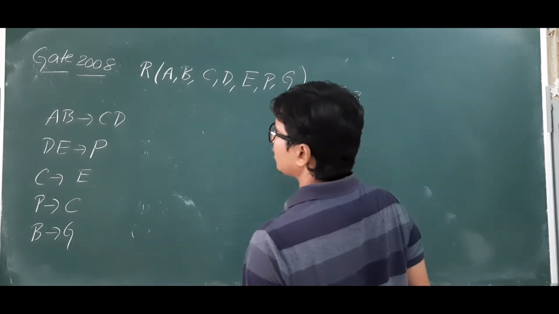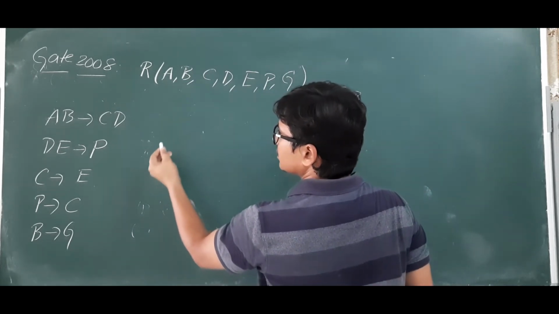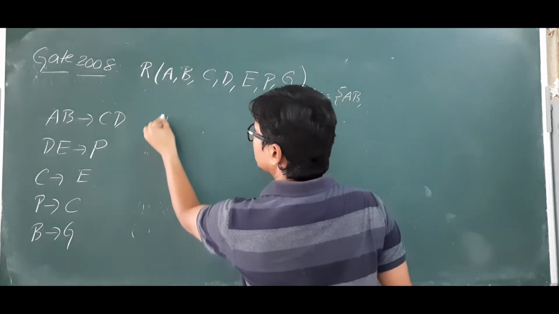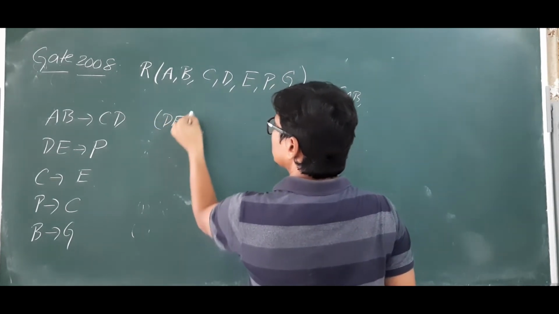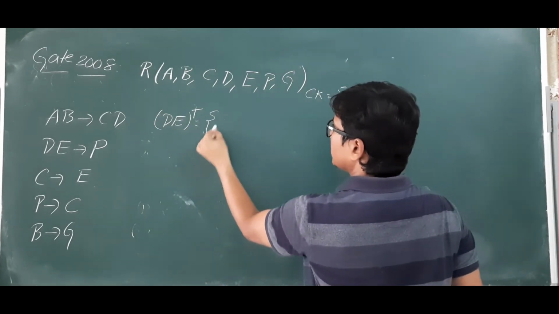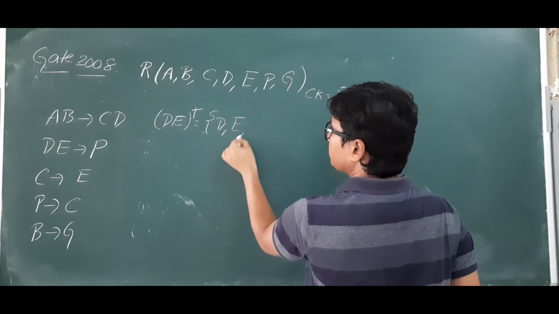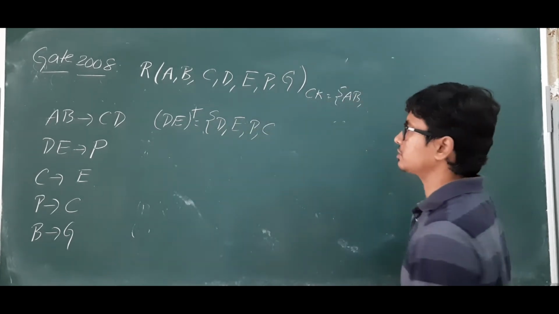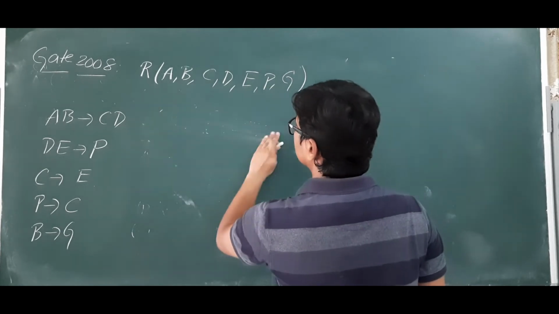Now AB we have done. Then we will do DE. DE closure, if you do it, will give only D, E, P, C. It does not give any other attributes, so we need not check it further.